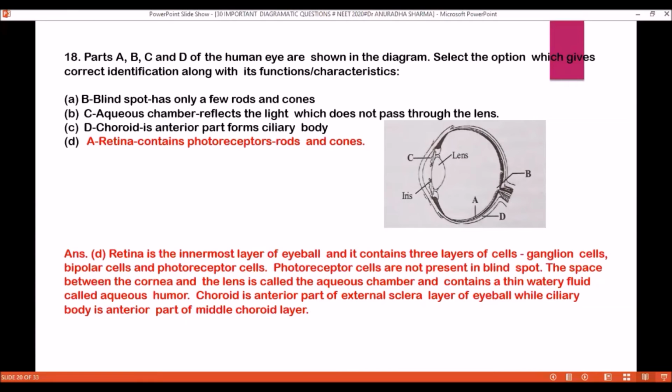So the choroid is the anterior part of the external sclera of the eyeball, and the ciliary body is the anterior part of the middle choroid layer. So option A, that is retina, contains both photoreceptors, that is rods and cones.